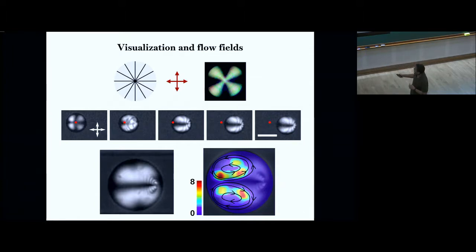And you start to get flows inside, and the droplet starts to move, and the director configuration inside also changes. And it is in fact a flow inside the droplet which keeps this defect away from the center. And also you notice that there's an asymmetry, and this comes really because of the elastic nature of this material, that you don't get flows close to the defect. So if you have a droplet which is small enough, you don't generate flows necessarily.